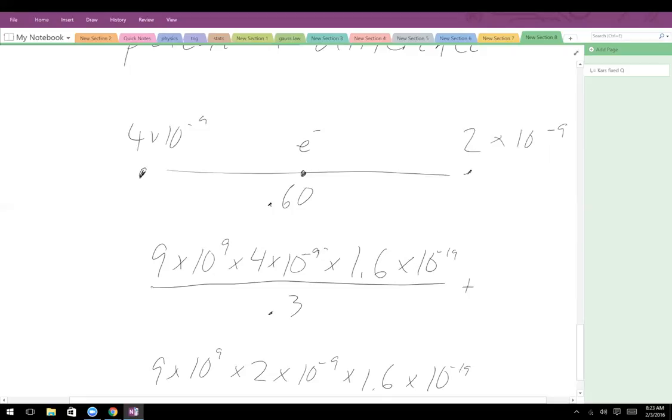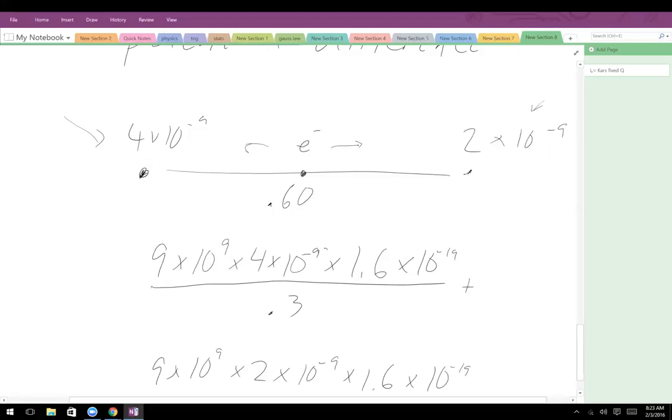Yes, the midpoint. What's this charge over here? What does it want to do to the electron? Yeah, it wants to pull it this way. What does the other charge want to do? Does it pull it left or right? Well, yeah, it's wanting to pull it right, but it's going to lose.